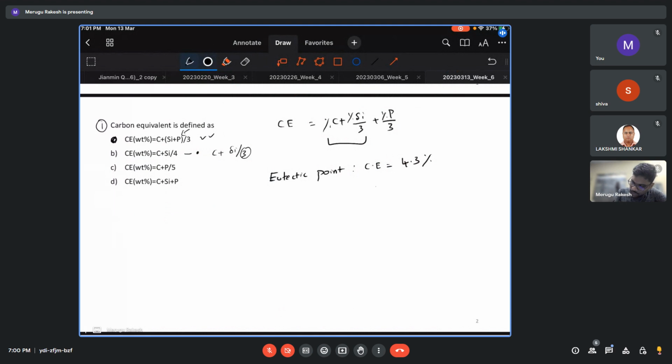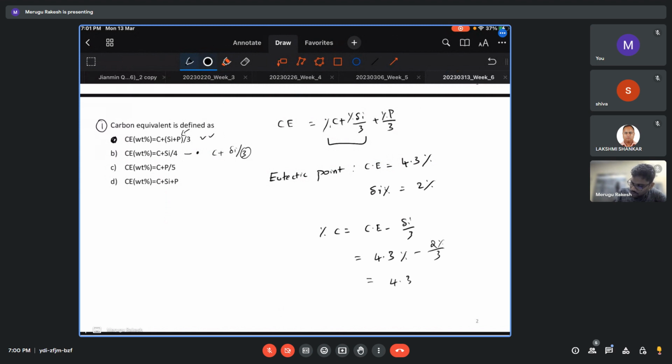Then silicon percentage is 2 percentage. Then the actual percentage of carbon is this carbon equivalence minus silicon by 3. That is, carbon equivalence we have is 4.3 percentage minus silicon percentage 2 by 3.